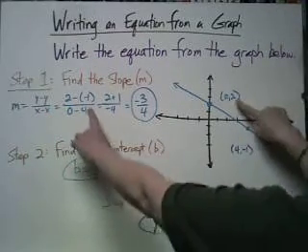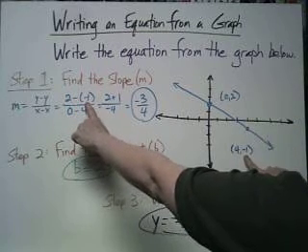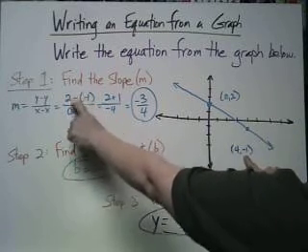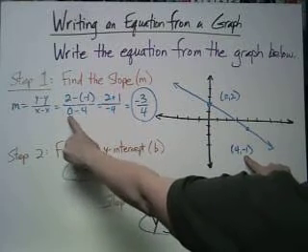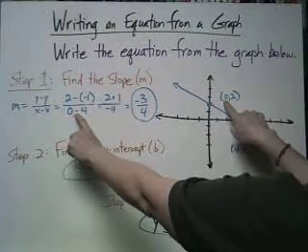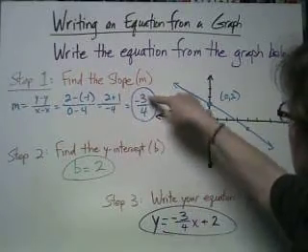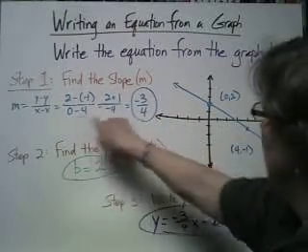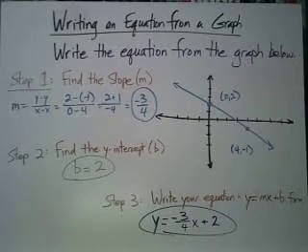You take your y values: you have a 2, take away negative 1. A minus a negative is the same thing as a plus. On your x values, you have a 0, take away 4. So what do we end up with? 2 plus 1 is 3, and then you have a negative 4. So your m, or your slope, is -3/4.